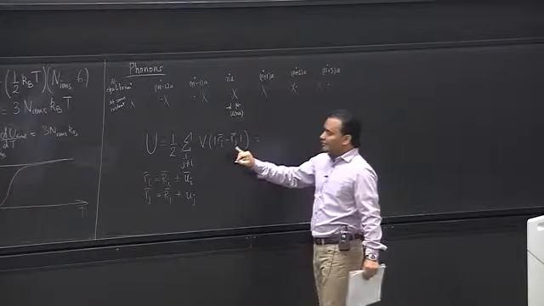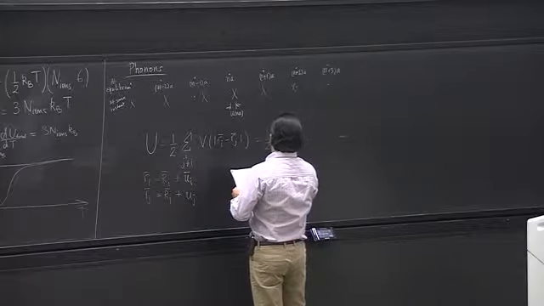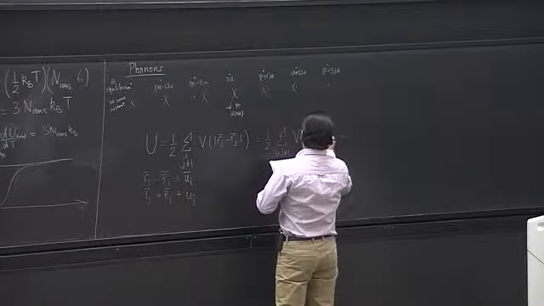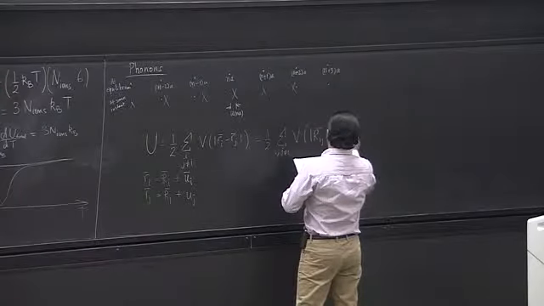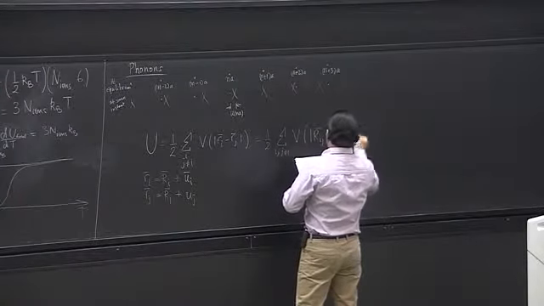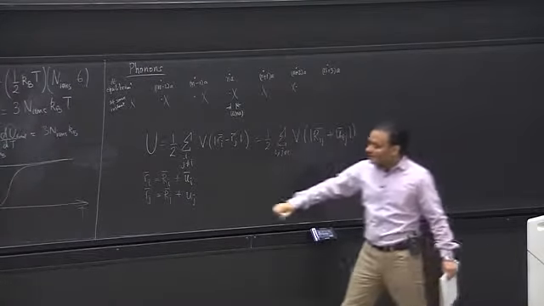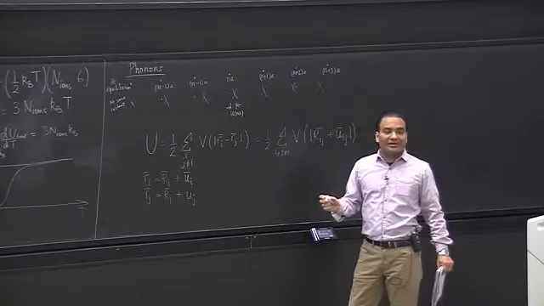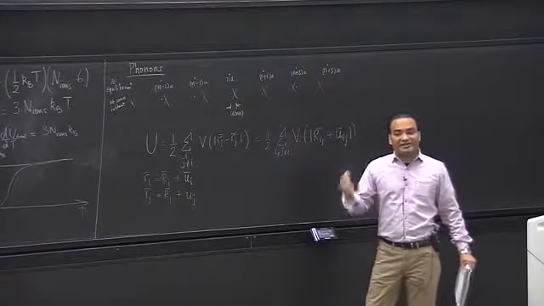So I can write down this quantity as follows, where Rij is Ri minus Rj, or the separation between the equilibrium positions of the ith and jth ions.